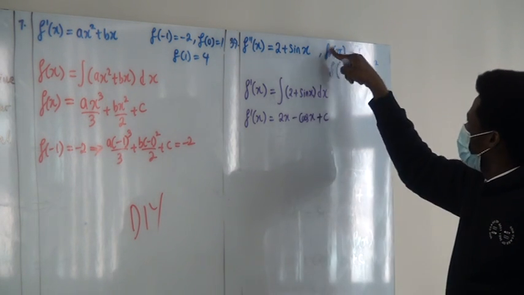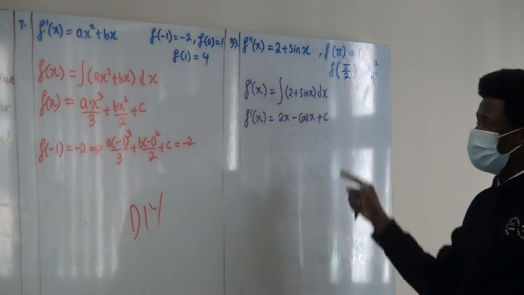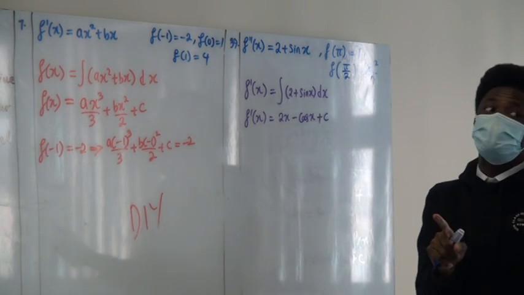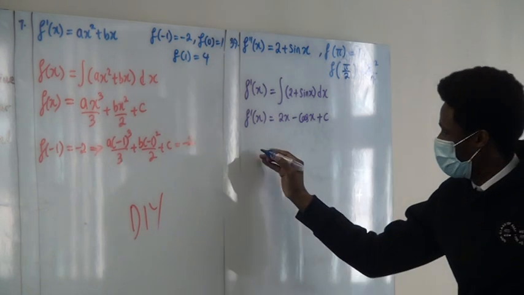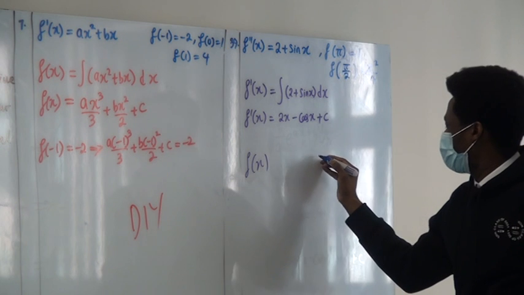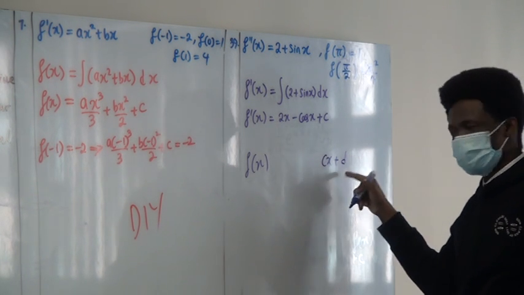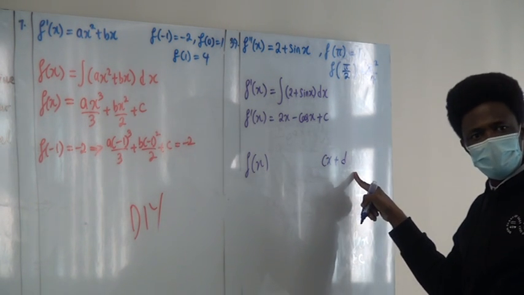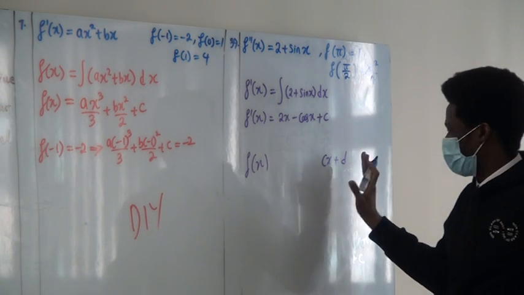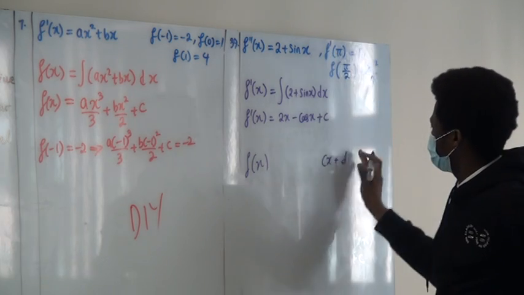If this information was this way, it means I'm having particular values on the function, not on the gradient function now. Which means I'll continue to differentiate and integrate. Then I'll end up having cx plus d. This will be my arbitrary constant now, because the c has been used. Am I making sense?